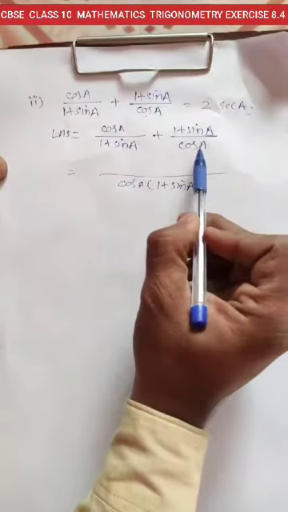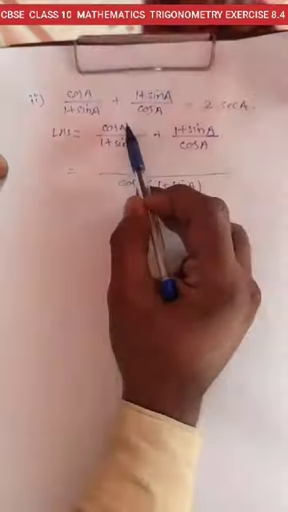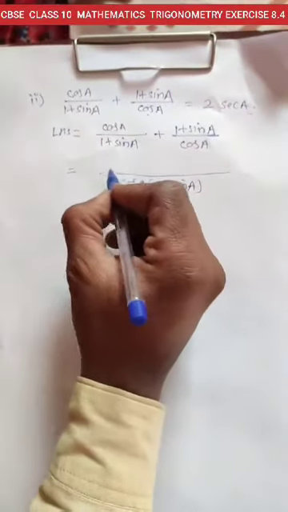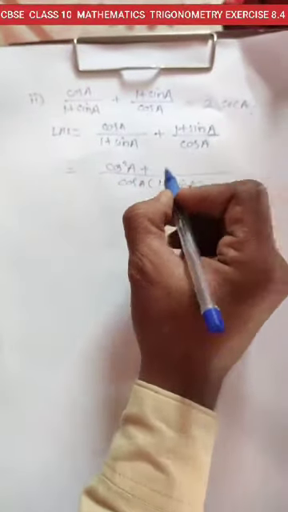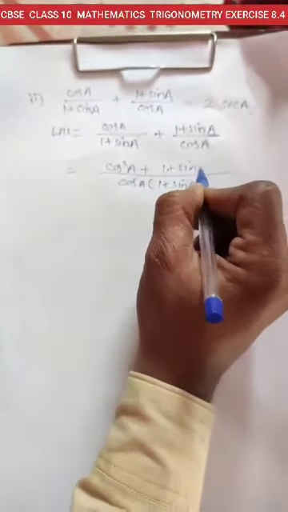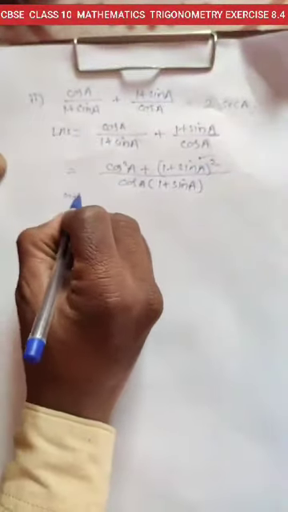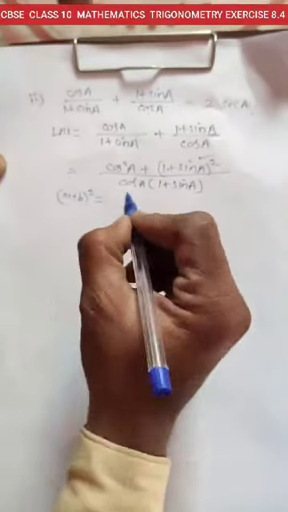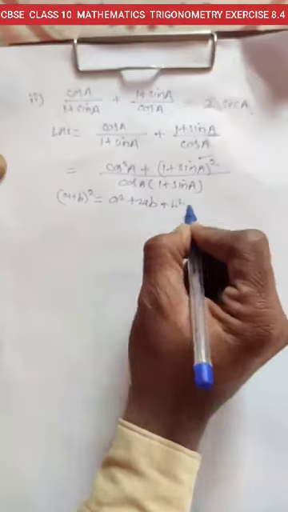Simply here the denominators are multiplied. After that, making the cross multiplication, cos A into cos A gives cos square A, plus (1 plus sin A) into (1 plus sin A), that is (1 plus sin A) whole square. In the next part we use the formula for this bracket: (a plus b) whole square is equal to a square plus twice ab plus b square.